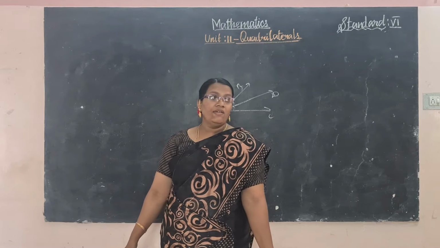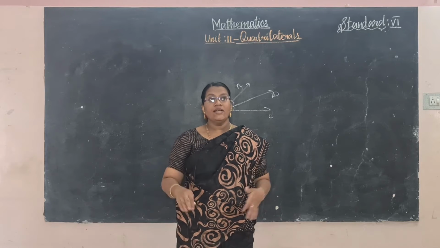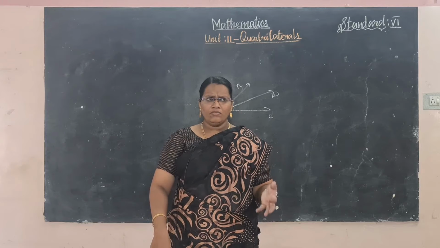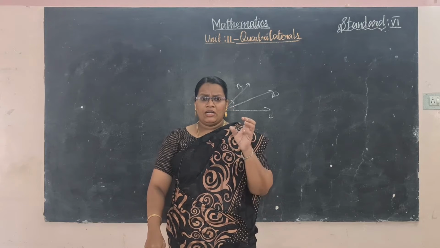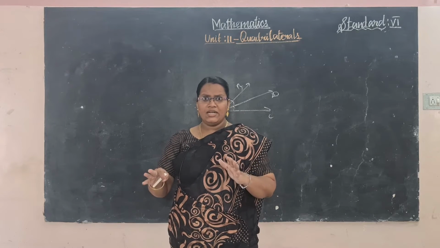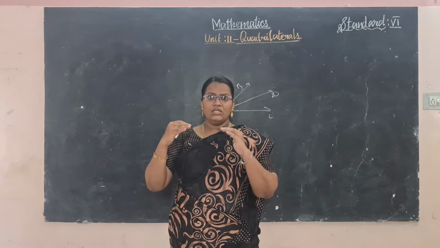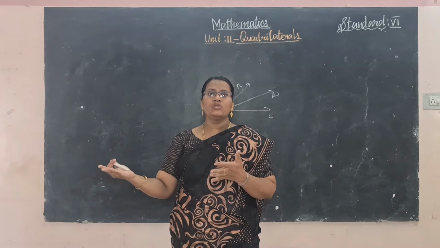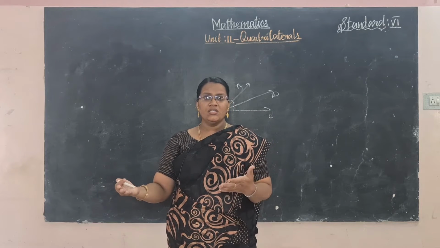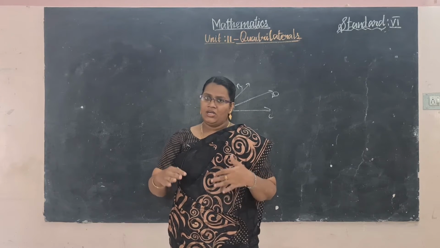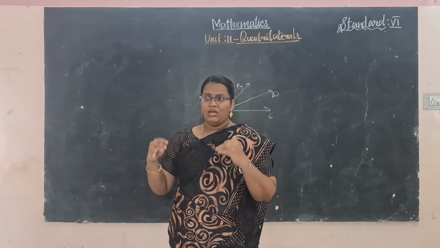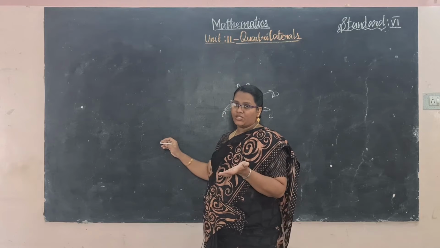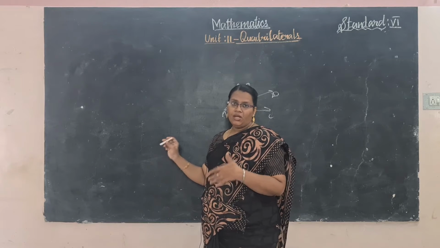Okay, and finally we have learned about the convex and concave quadrilateral. Convex means that in a quadrilateral no vertices are joined from outside of the boundary.